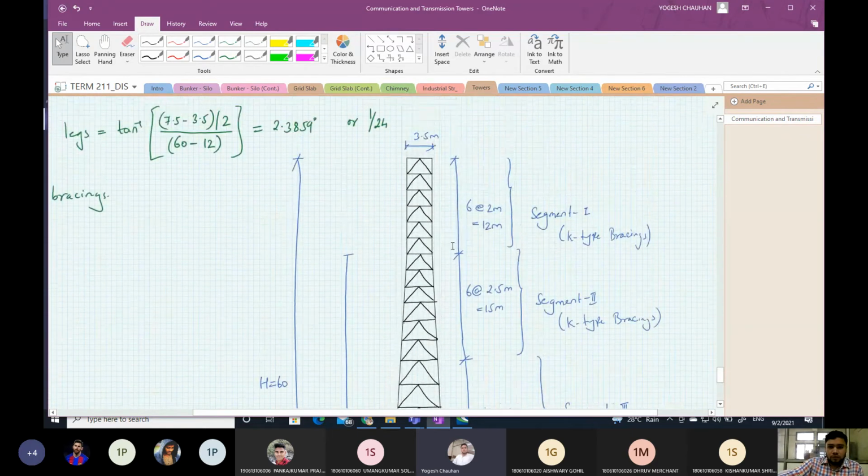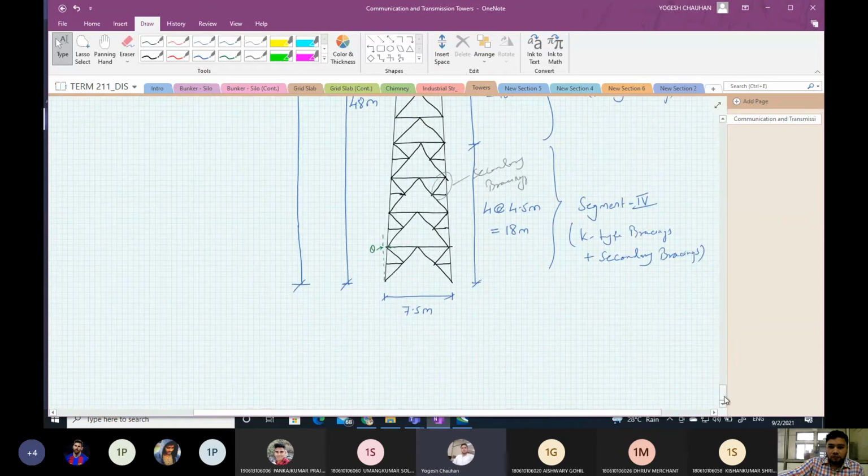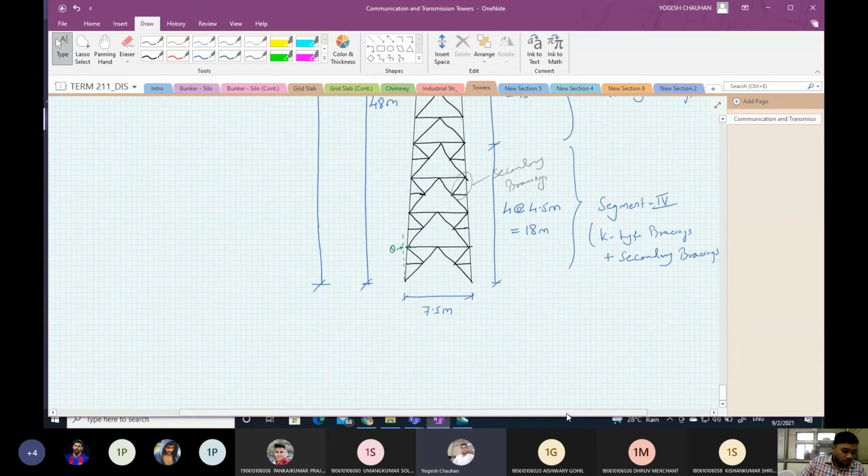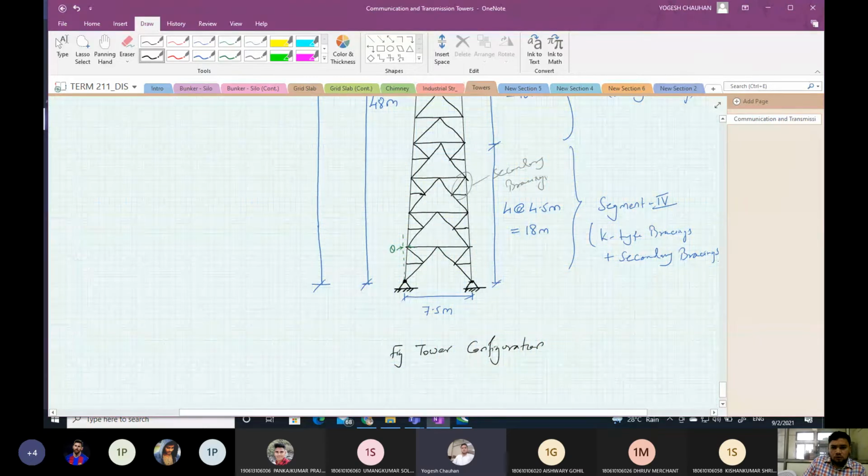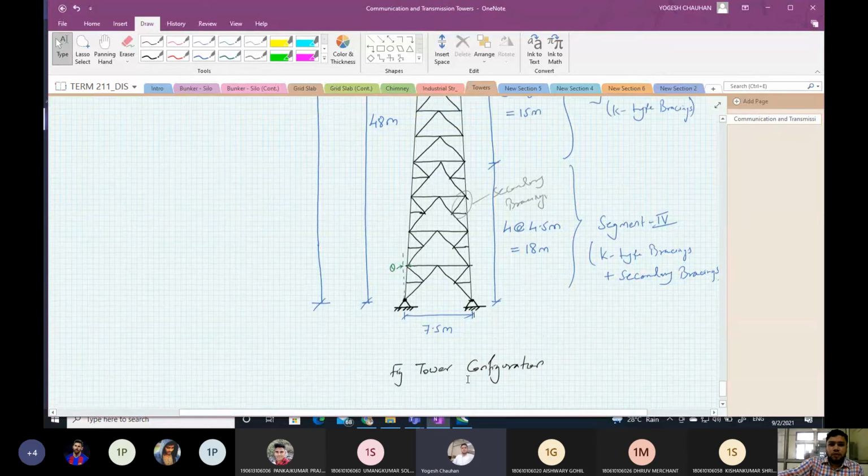So we are assuming this tower configuration, and we'll analyze this configuration of the tower. Let us assume the supports of the tower. We are supposed to analyze this tower.